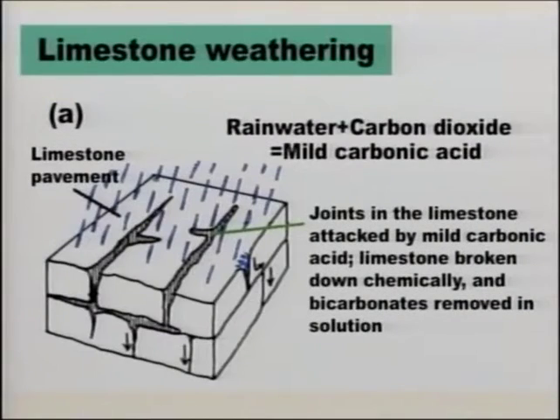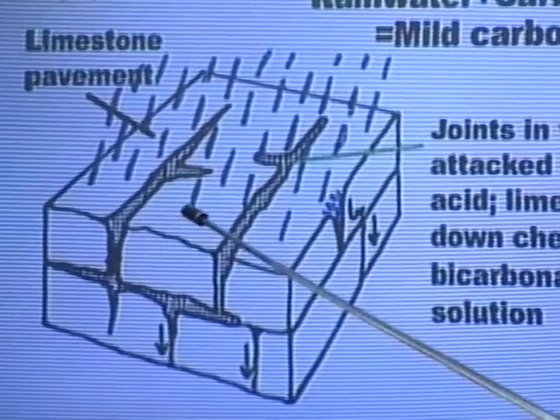Okay, if you had to do a little bit of explanation on those features, then your explanation would be, you have a limestone pavement. It's important that the pavement has to be that of limestone. Note the process of chemical weathering under carbonation. The rainwater plus carbon dioxide will form the mild carbonic acid. That mild carbonic acid will eat away or dissolve the rocks, then forming the joints or the cracks.